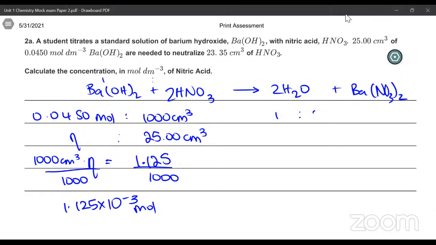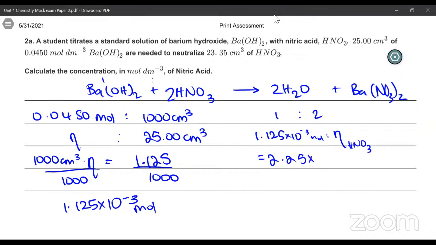And then 1.125 times 10 to the minus 3 moles would be equal to some amount of moles of HNO3. You don't have to write out everything because you can just look at it and see that you would get 2 times that 1.125 times 10 to the minus 3, 2 times that divided by 1, and you would get 2.25 times 10 to the minus 3.